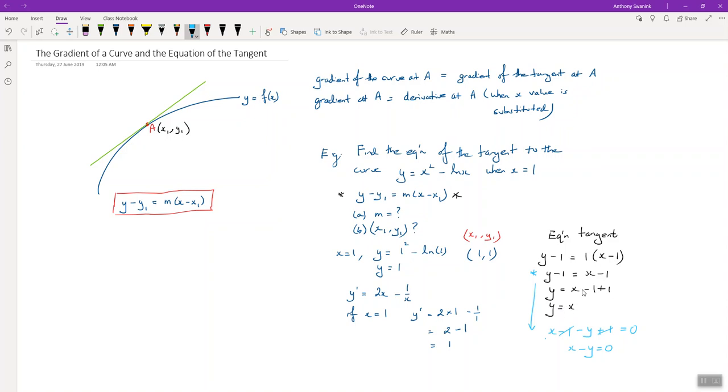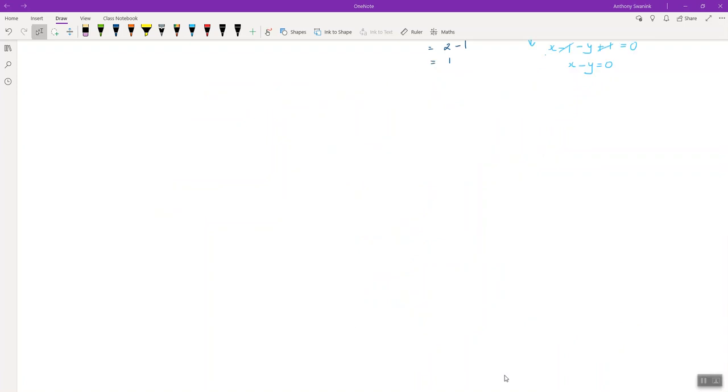Let's have a look at another example. So let's deal with this idea of normal at the same time. If we've got, once again, a curve, and we've got a point here, and then I draw a straight line, a tangent.